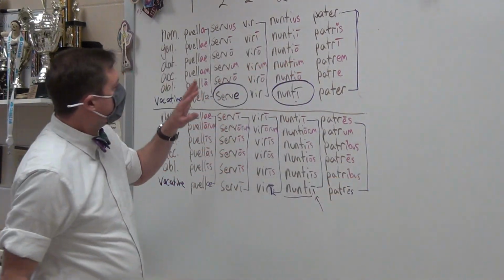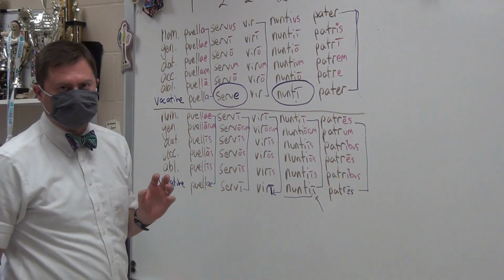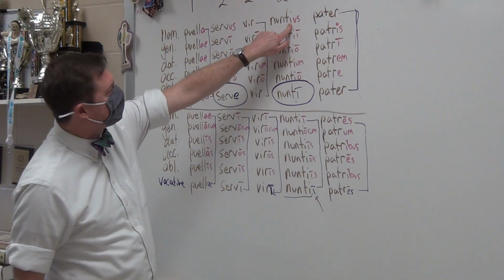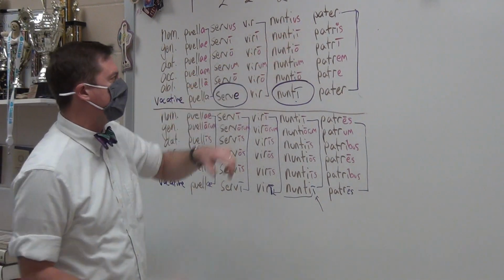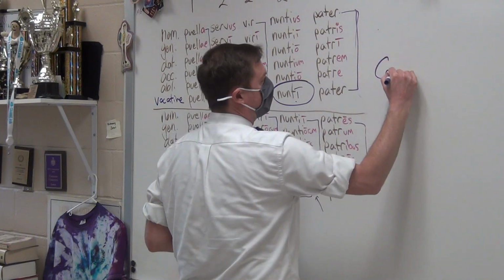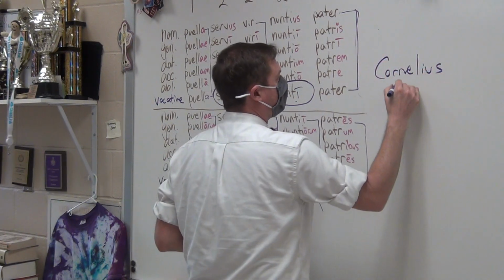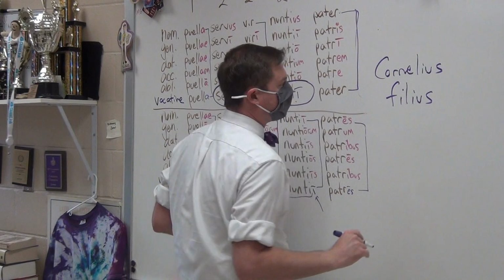Now, if you have a second declension word who does end with us, but the last letter of the stem is an I, nuntius would be an example. Another would be the name of Cornelius himself. Another would be an example of filius, the word for son.